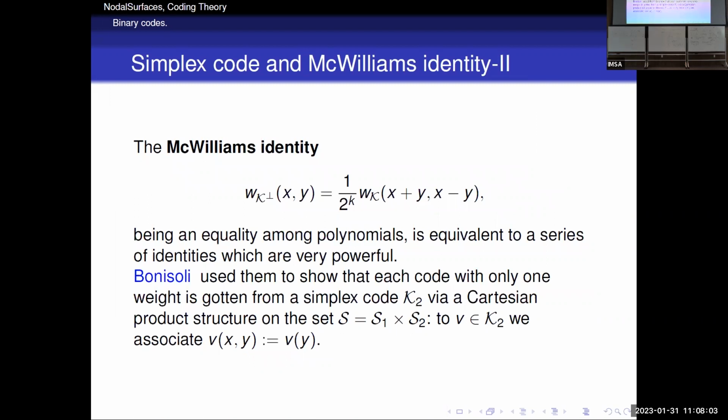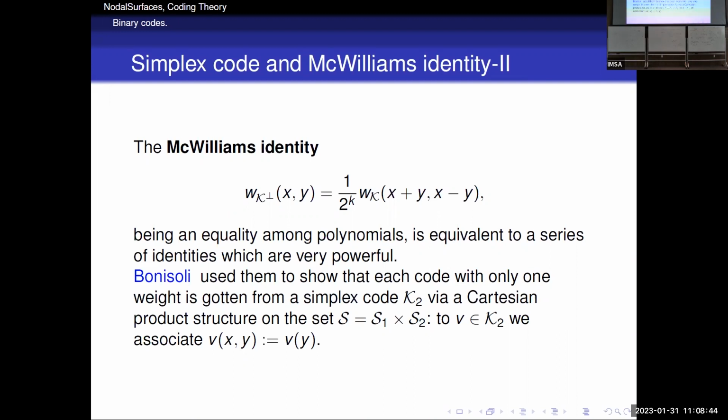And this, of course, is an equality of polynomials, which is equivalent to a series of identities which are very, very powerful. And a very simple result was obtained, I think, in the 90s or late 80s by Arrigo Bonisoli. He didn't give much for the people in combinatorics, but he really gave very nice results, which you can prove yourself once you know. He said, if you have a code where the vectors have only one weight, then it is essentially obtained from the simplest code.